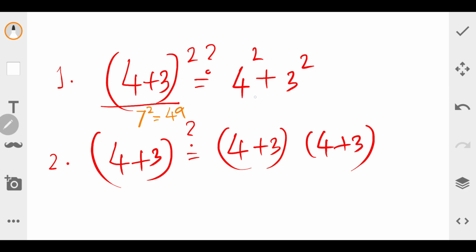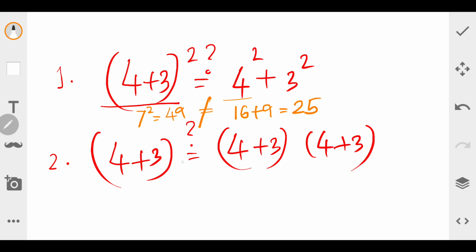Now let's look at the right hand side. 4 squared is 16, and 3 squared is 9, which is 25. So that means 49 is not equal to 25. So this is not true. They're not equal. So we cannot say 4 plus 3 squared is equal to 4 squared plus 3 squared.